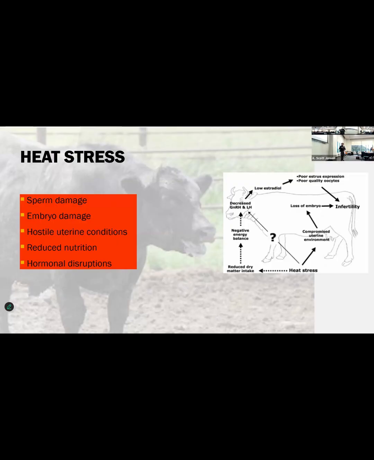We can change that uterine environment and cause a reduction in fetal growth, and then things get messed up. Reduced nutrition: you guys know when you're hot, you don't eat as well. Dr. Sprinkle talked about changes in grazing behavior associated with heat. So that becomes a decrease in energy intake. We also get hormonal disruptions, maybe in the release of LH or FSH or prostaglandins.